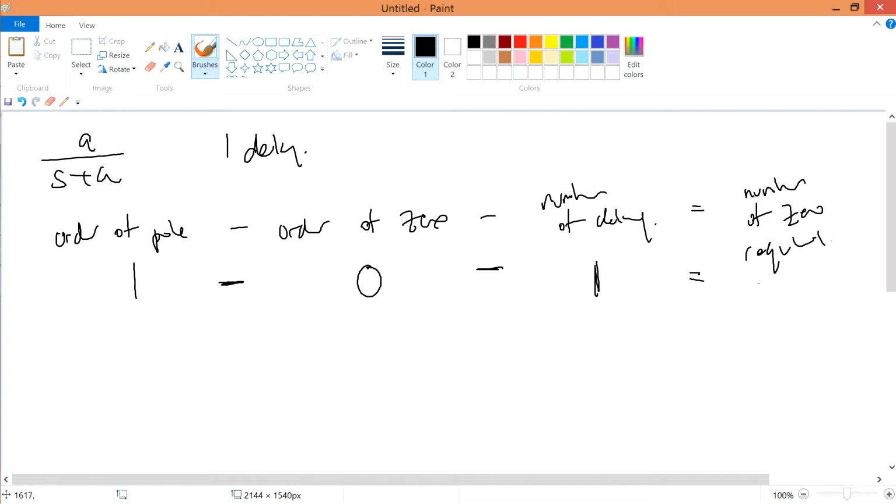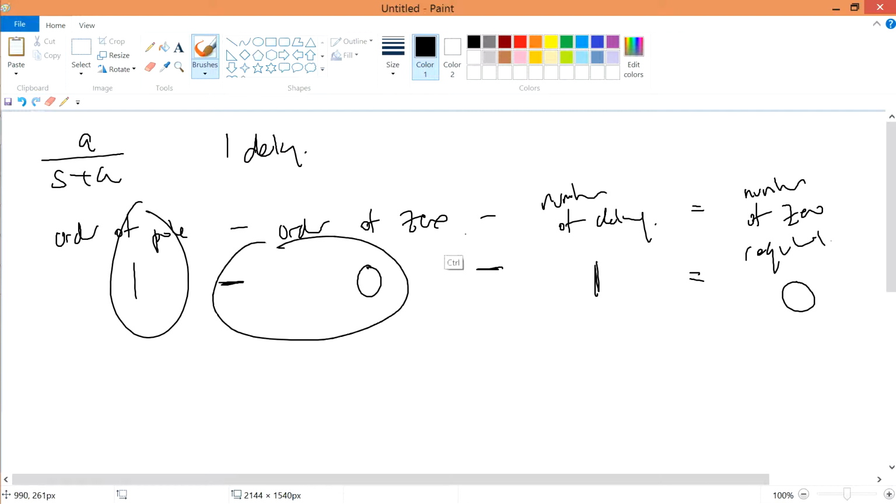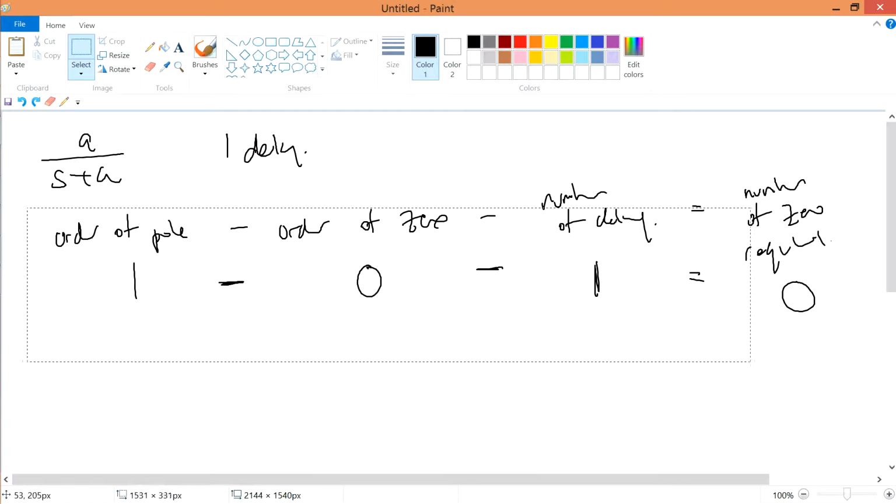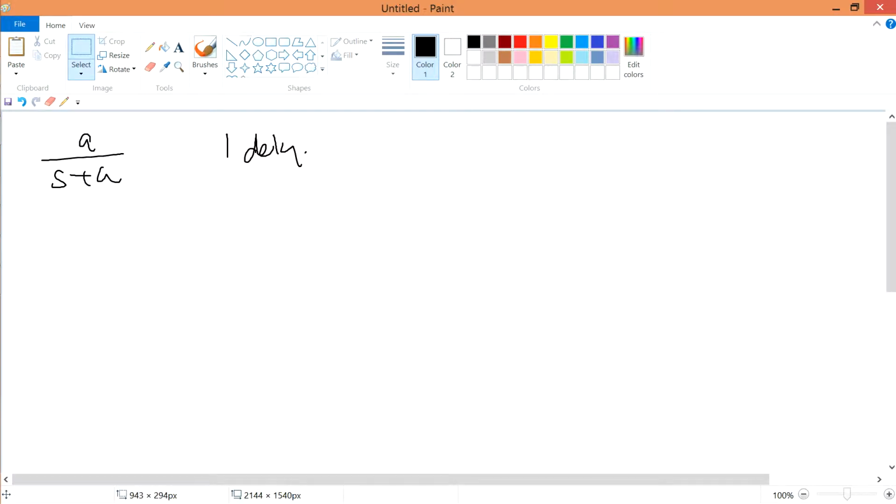So in the end, 1 minus 1 is equal to 0. So the number of 0 required in your transfer function is 0.